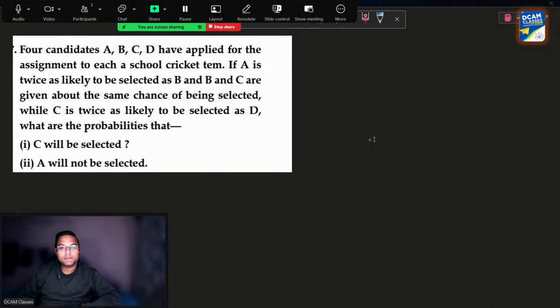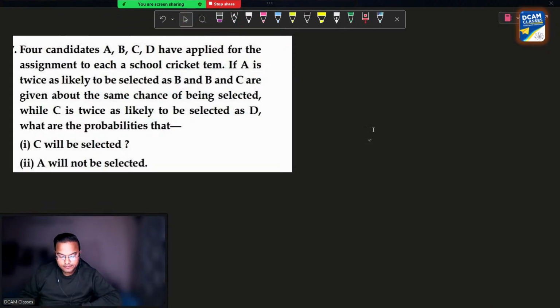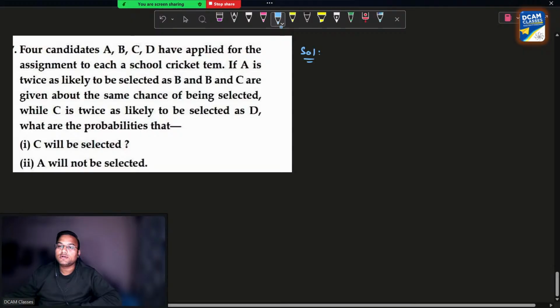Kanishka, what about you? You are able to solve this question? Yes, sir, I'm solving the question. You are able to get the idea, how to solve it? Yes, sir.